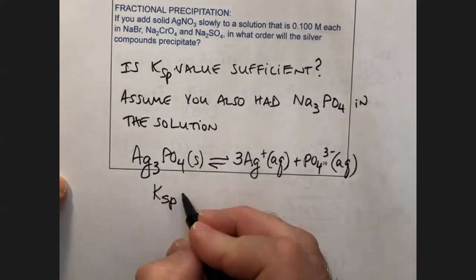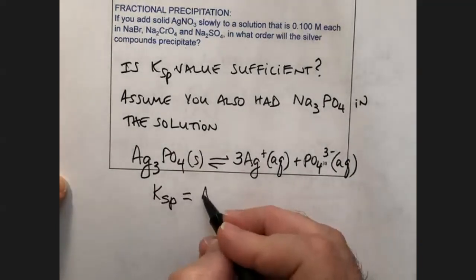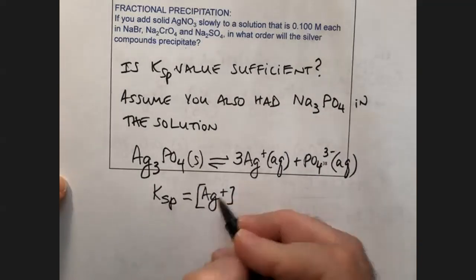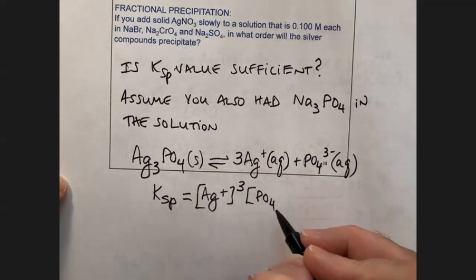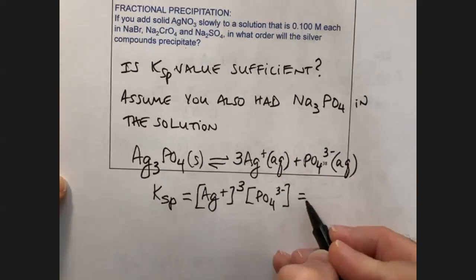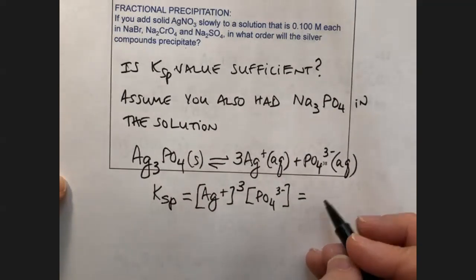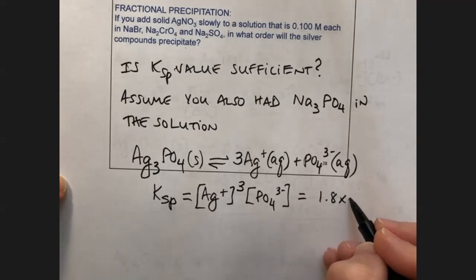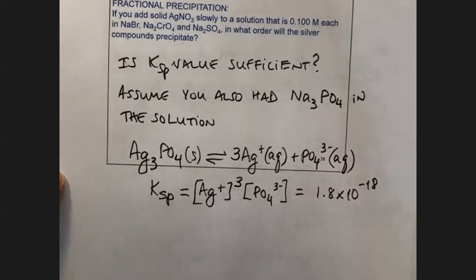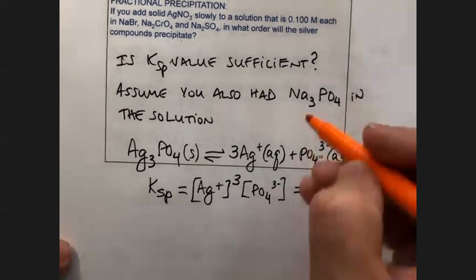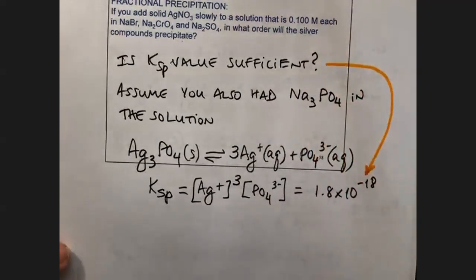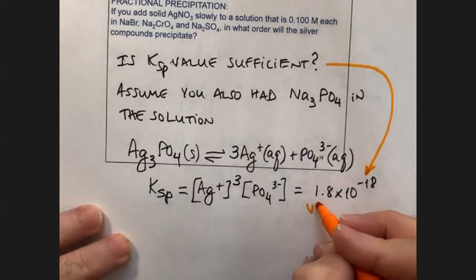So the KSP of this would be the silver ion concentration cubed, right, times the phosphate ion concentration. And this KSP value, if you look it up, is 1.8 times 10 to the minus 18. It's very, very small. The question we're asking is, is it enough to base it off of the KSP? So if that were the case, you would say that this is very small.